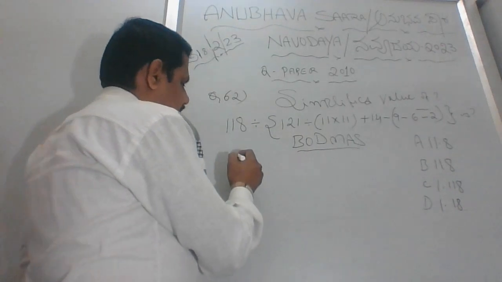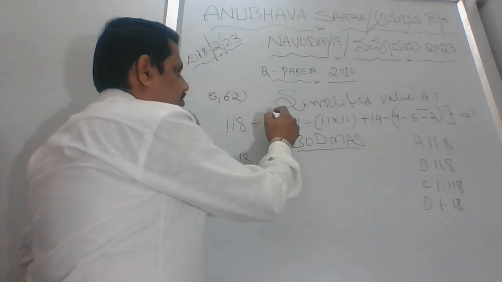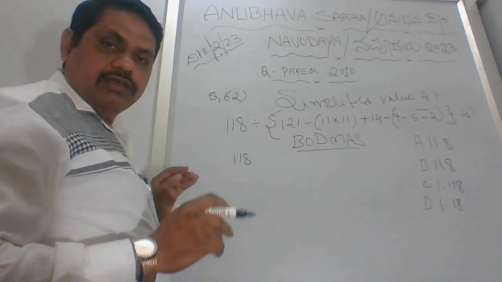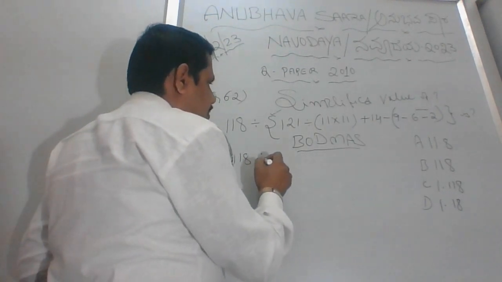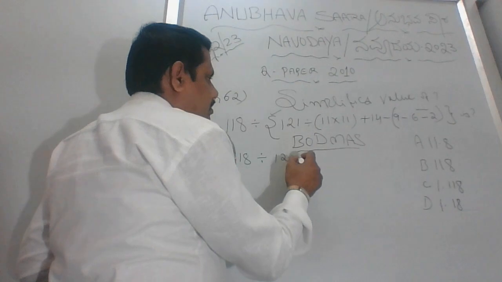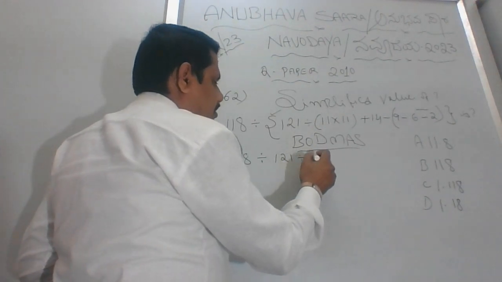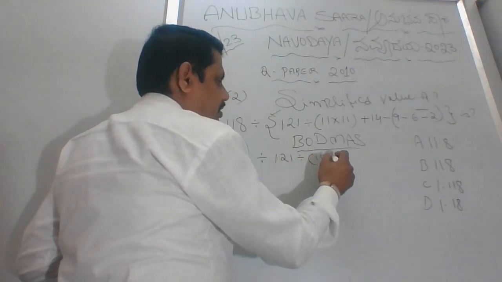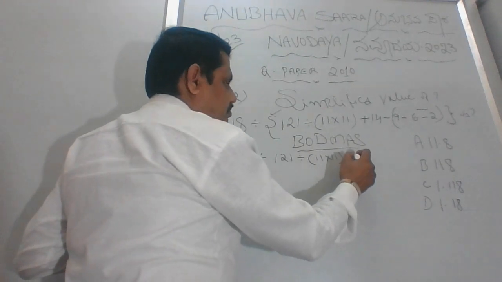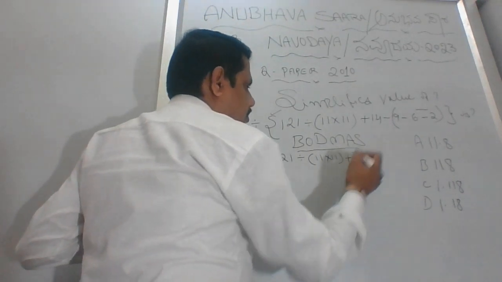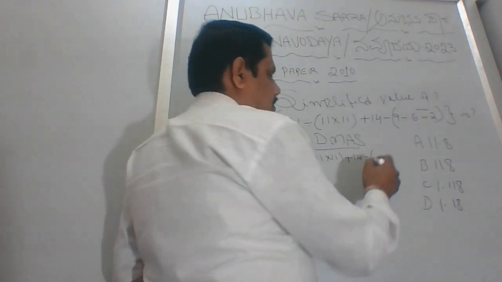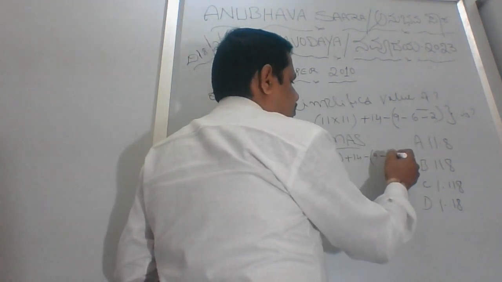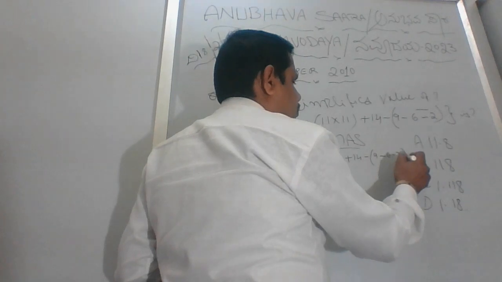So I'll just write 118. I'll start removing the flower bracket, what we'll call it. Divided by 121 divided by 11 multiplied by 11 plus 14 minus 9 minus 6 minus 2.